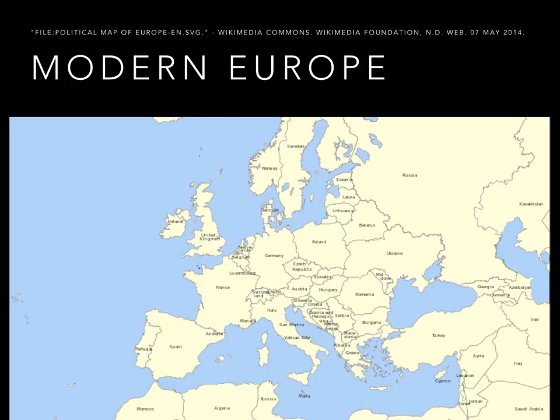For the other types of maps, try and think of what is the big picture they're trying to show. Are they showing natural resources, coal and iron, in which case this is probably a map about the Industrial Revolution? Are they showing changes to borders? Are they showing territory gained or lost as a result of a war? So trying to figure out what are they trying to show with this map.